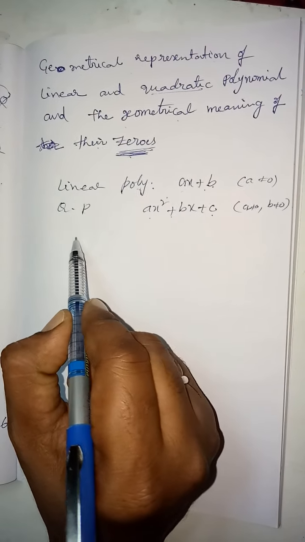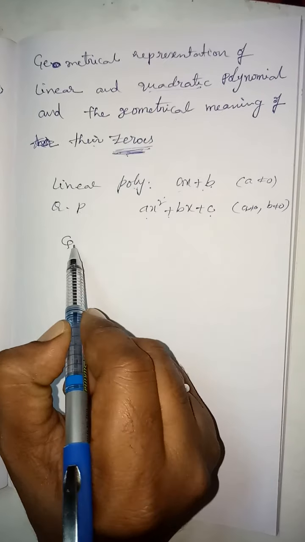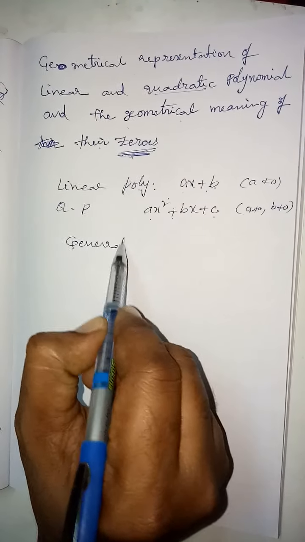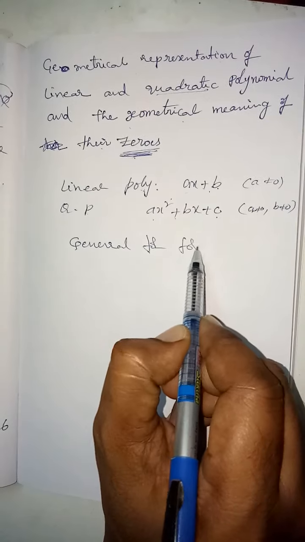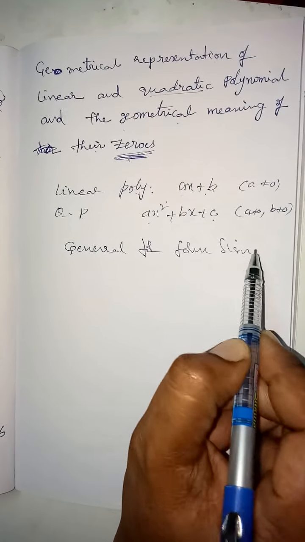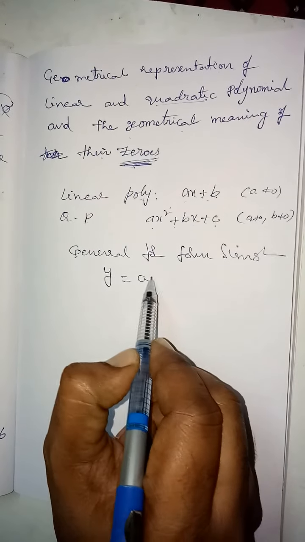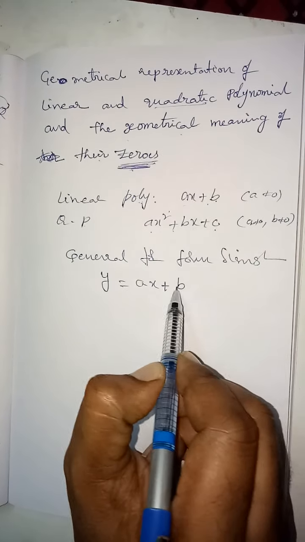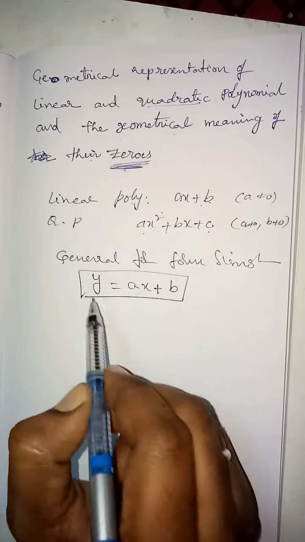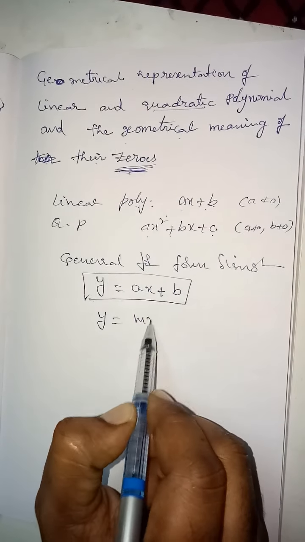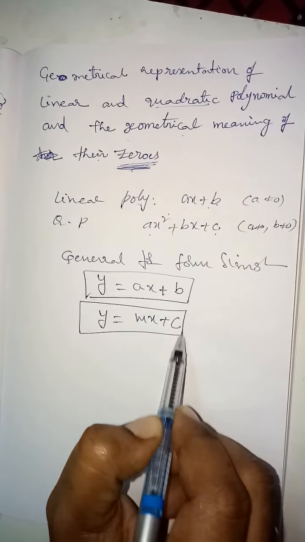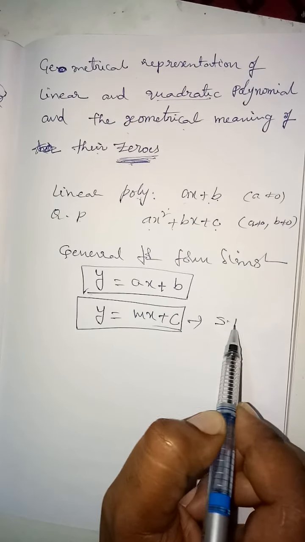Already we discussed in 9th class the general form of the straight line. Anybody know it? Yes, y is equal to ax plus b, or else y is equal to mx plus c. So this is the general form of the straight line.